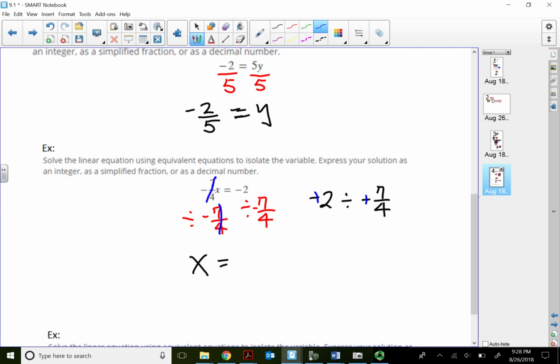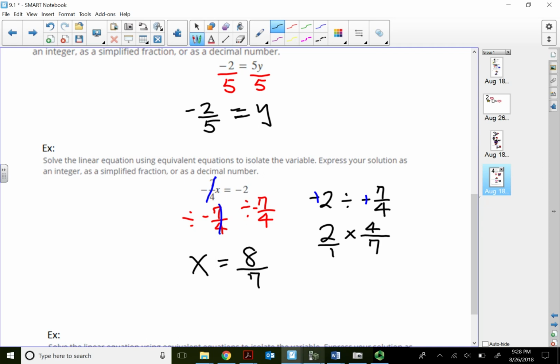If I do this by hand, division of a fraction means times the reciprocal. So that will be 2, multiplied by 4 over 7, with 2 being 2 over 1. The top 2 and the bottom 7 cannot reduce, so we multiply straight across, and that will give me 8 over 7.